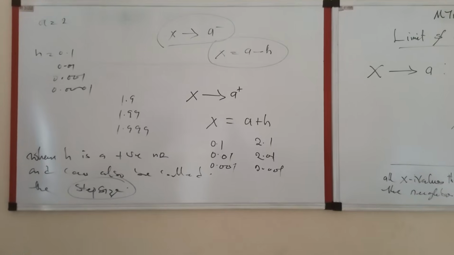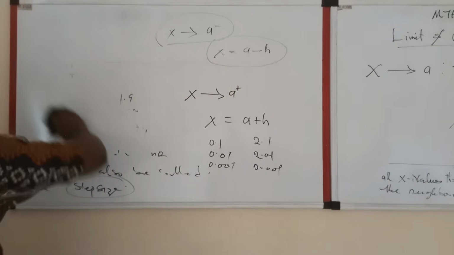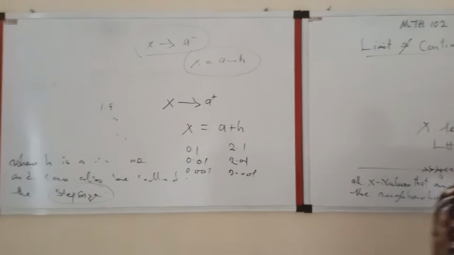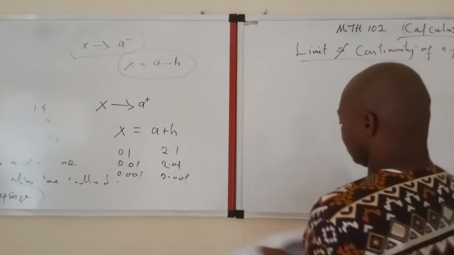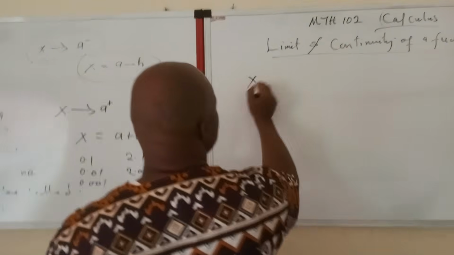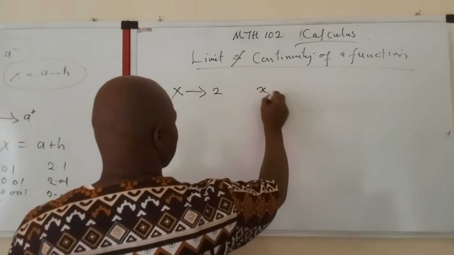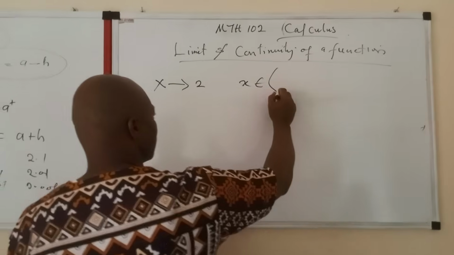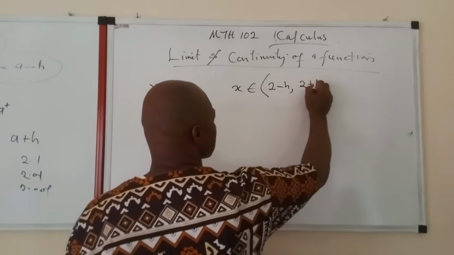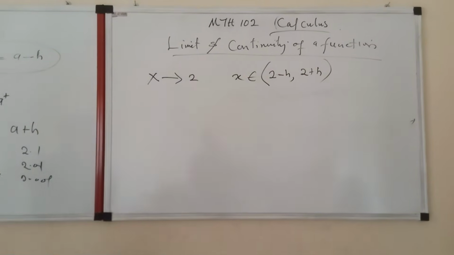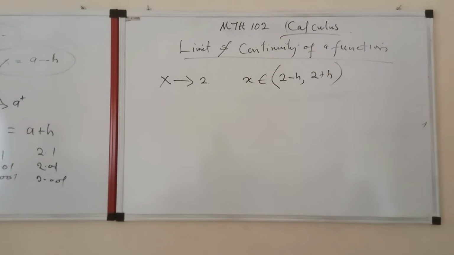For the 2 that I have said, being that it talks about the neighborhood, the entire neighborhood, this x tends to 2 can also be written as x is contained in the neighborhood of 2 minus h and 2 plus h.